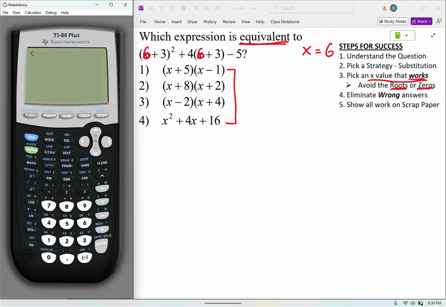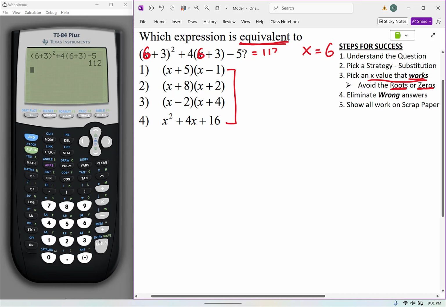So I'm just going to type in with my calculator 6 plus 3, because I've used 6 as my x value, plus 4, and then 6 plus 3, and then subtract 5. All right. Turns out I'm trying to get 112. I'm looking for the thing that's going to give me 112.